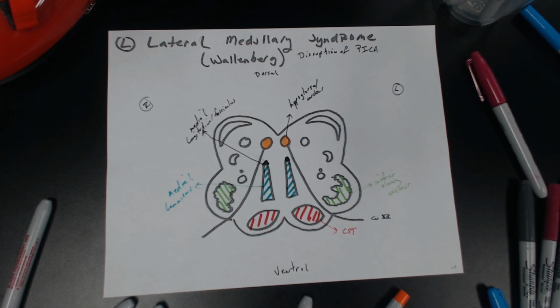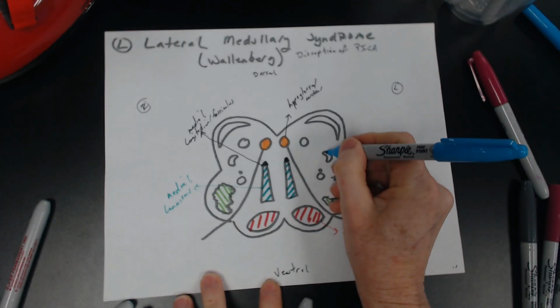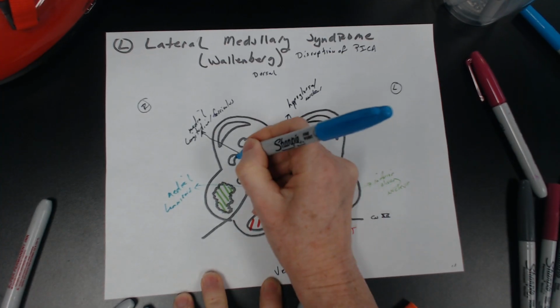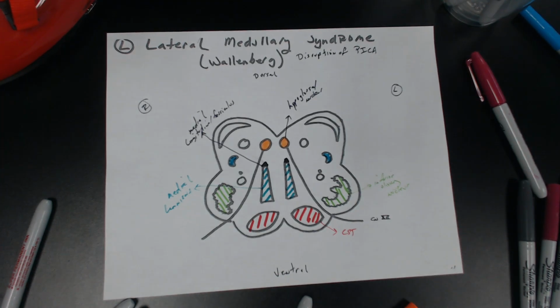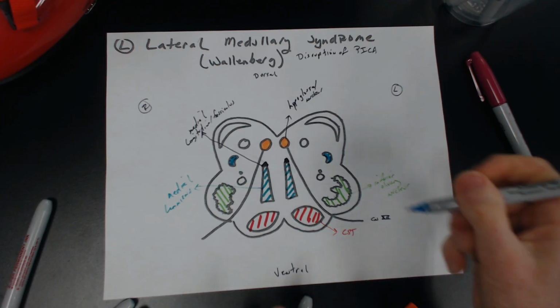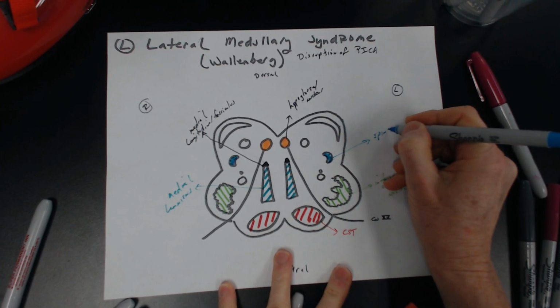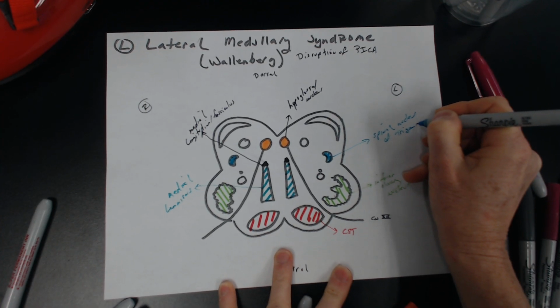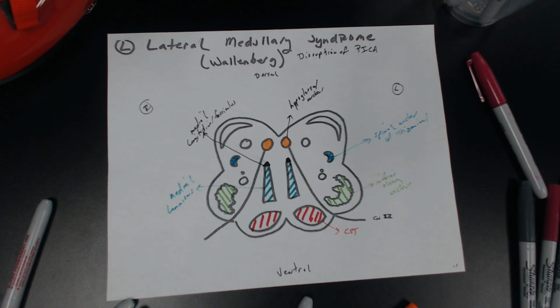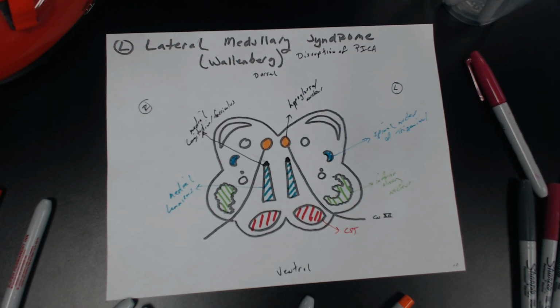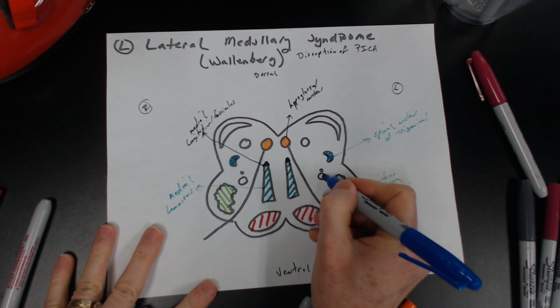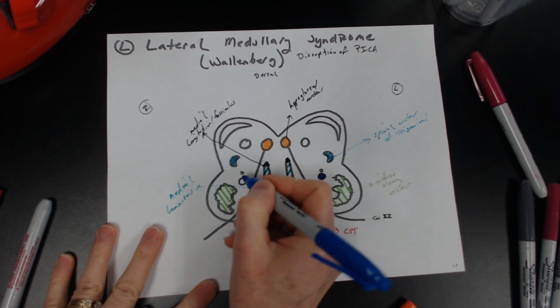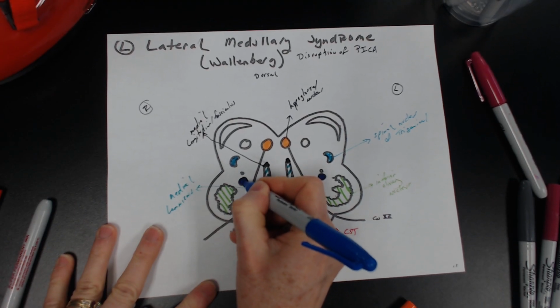Responsible for receiving sensory information from the face is going to be, here's your spinal nucleus of trigeminal. Receiving sensory information from the body, specifically crude touch, pain, and temperature.